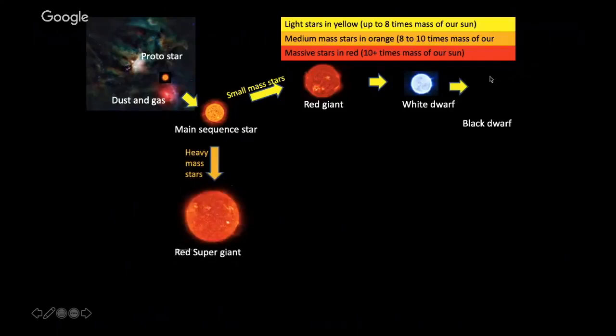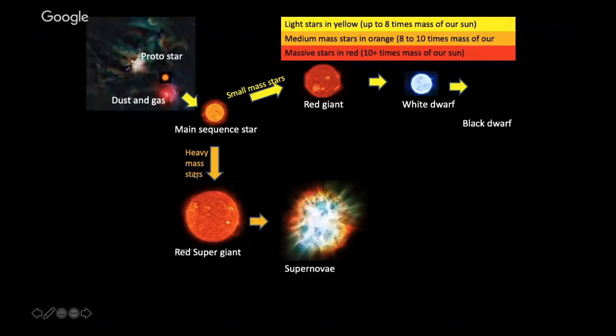Now, heaviest mass stars, they go from being a main sequence star, and because they're heavier, we call them a red supergiant. Now, these ones, once they've used up the last of their fuel, they're going to rapidly contract inwards as they use the last of their fuel. The outward force of fusion really drops dramatically, meaning they collapse inwards.